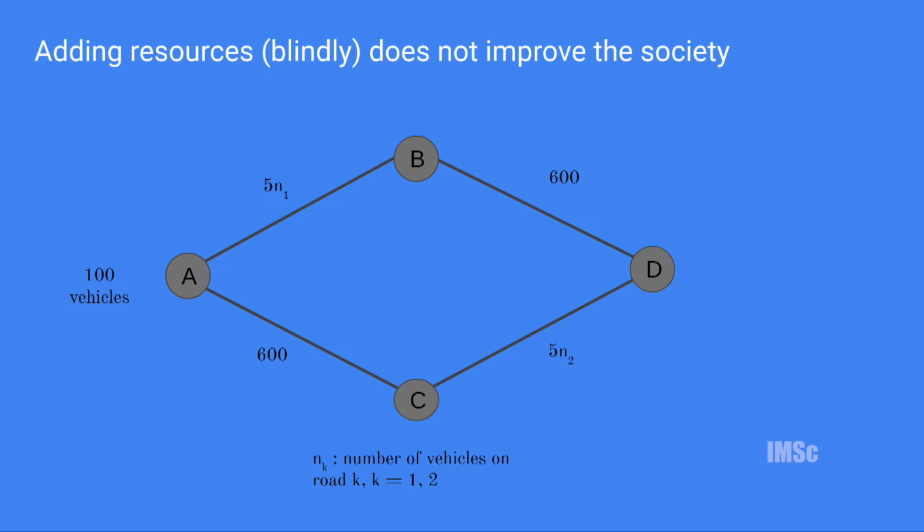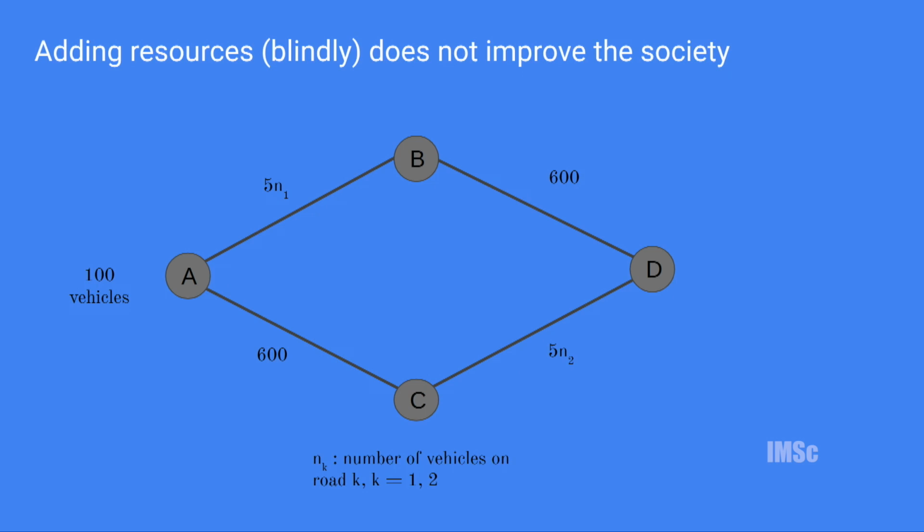So what are N1 and N2? Imagine that AB is a congested road, a very narrow road, and if you are the only bicyclist there, you can actually go faster. But if there are more people, then the time taken is proportional to the number of people traveling on that road.